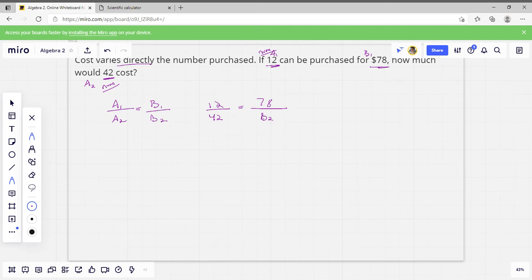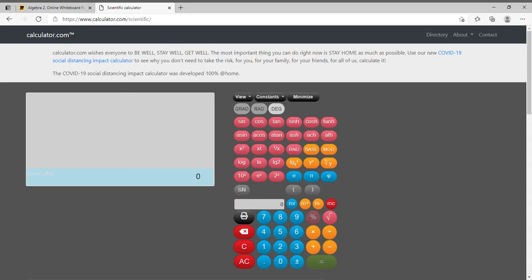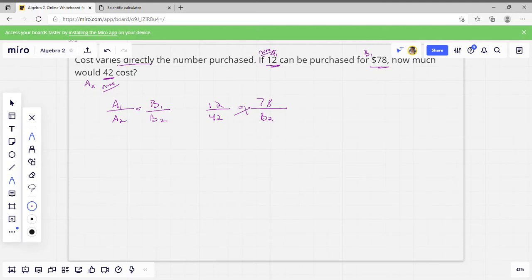All right, so now we cross multiply. 42 times 78 is 3,276. I don't think I did that right. Let's see. Hang on. B1, B2.